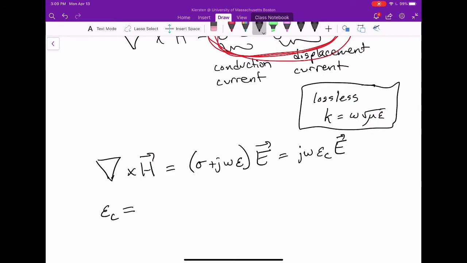Epsilon c is our new complex value for the permittivity. It's an effective complex permittivity, and it has a real part, which we're going to call epsilon prime, and an imaginary part, epsilon double prime. Notice that there's a minus sign here. You'll see why when I write it out, because epsilon prime here is just epsilon of the material, so the normal material permittivity.